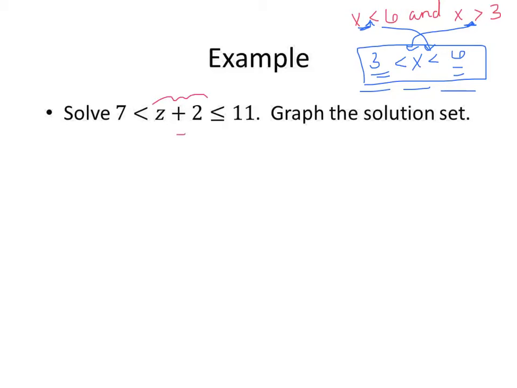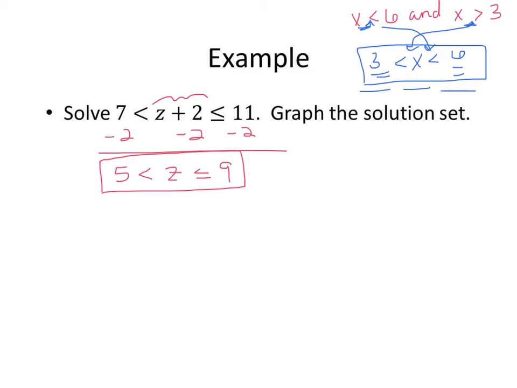We would subtract 2. And so what happens is, instead of just saying subtract 2 from both sides, you have to subtract 2 from all 3 sides. So you get 5 is less than z less than or equal to 9. And there is your answer for your AND inequality.